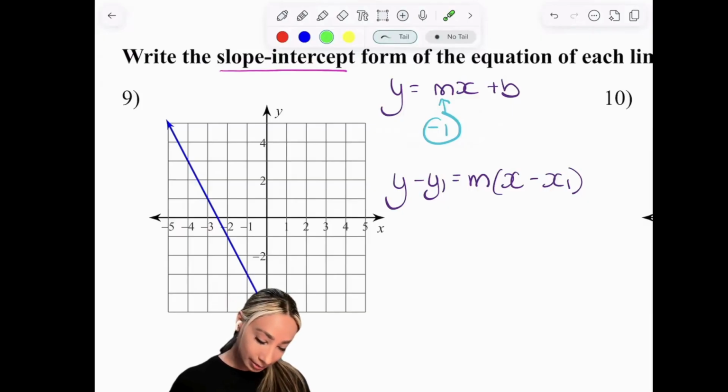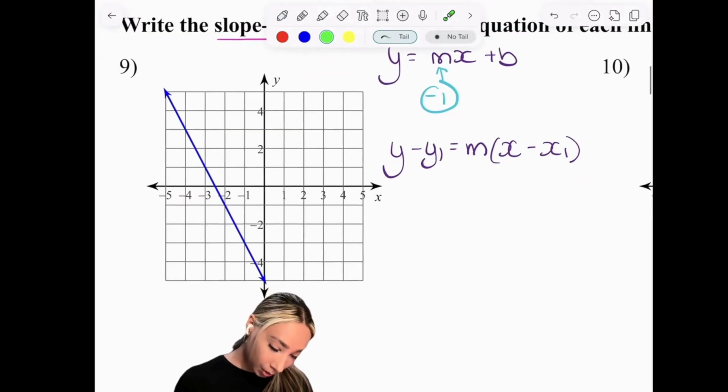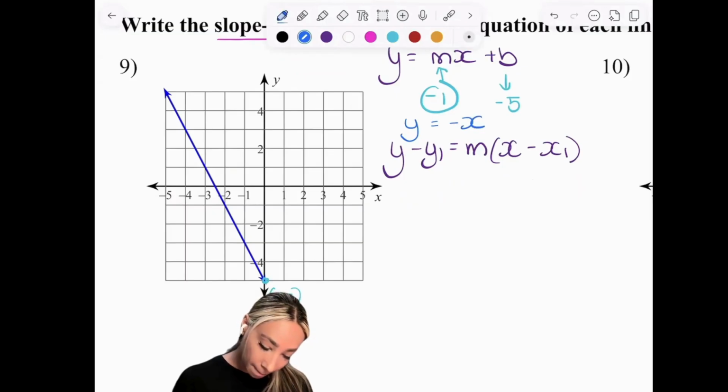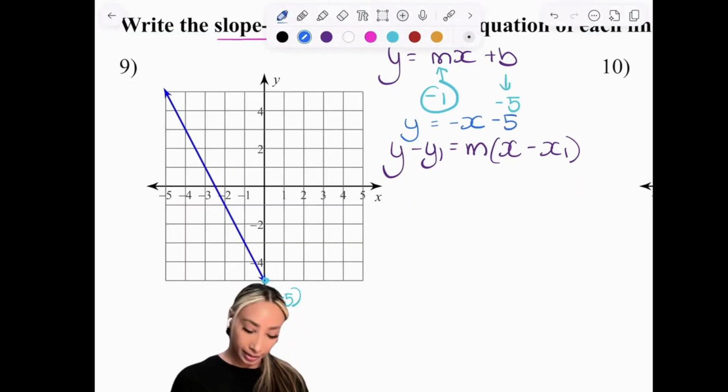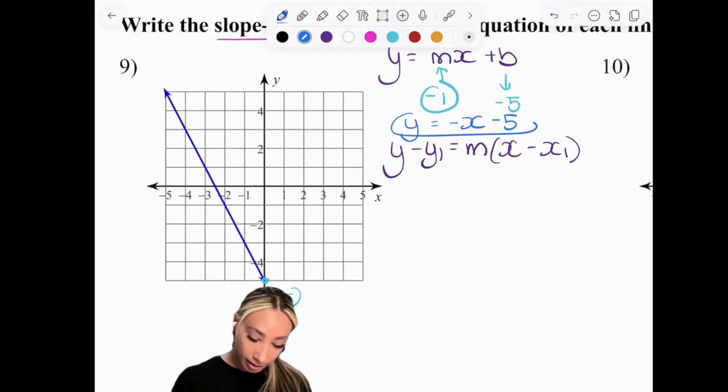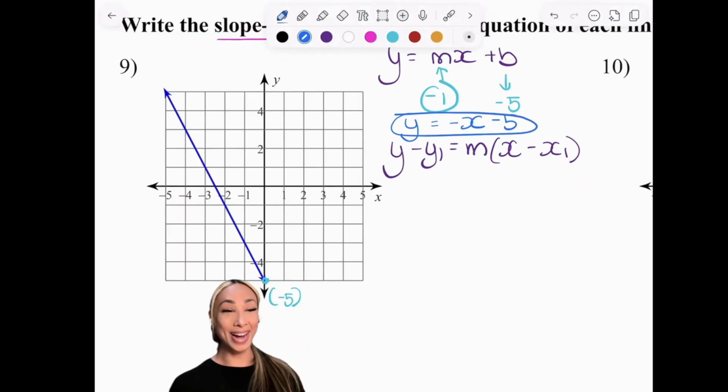So that means our y-intercept is going to be -5. So when I plug this into my equation, I'm going to get the following. Y is equal to -x. I can just drop the 1 minus 5. So perfect. That's great. That is in this form.